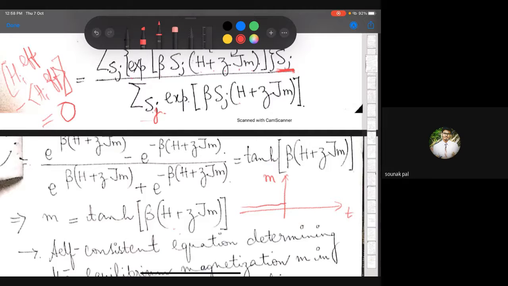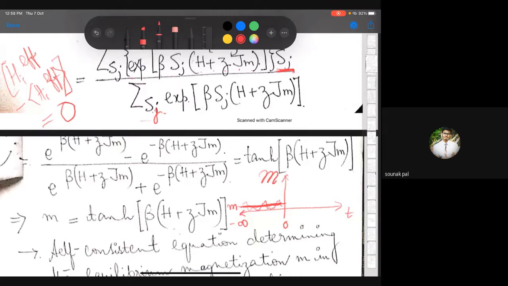Let me use the symbol curly m, because I was using curly m to show the microstate dependent magnetization, right? So this is the microstate dependent magnetization, which has got an average value. The system is in equilibrium, so this is my m. This is time 0, this is time minus infinity, and the actual value is fluctuating about it, right?